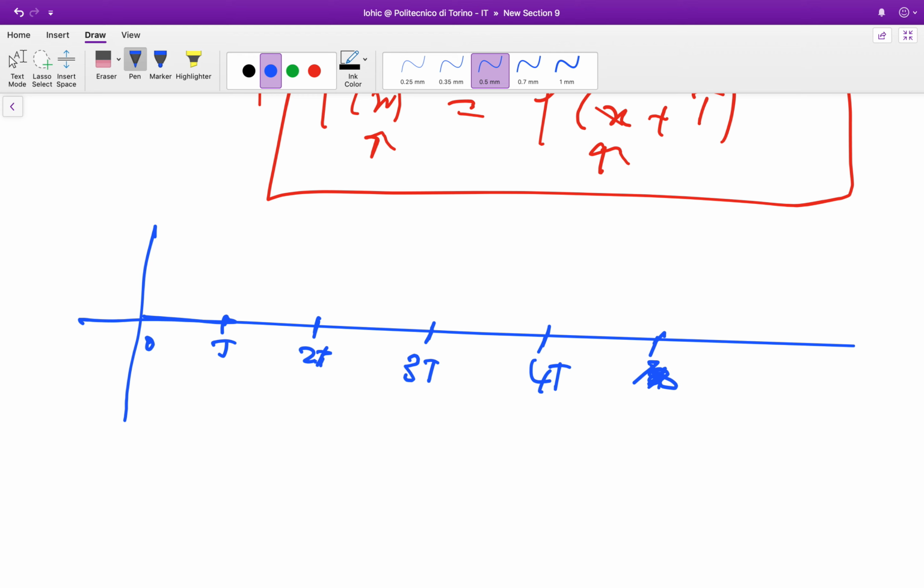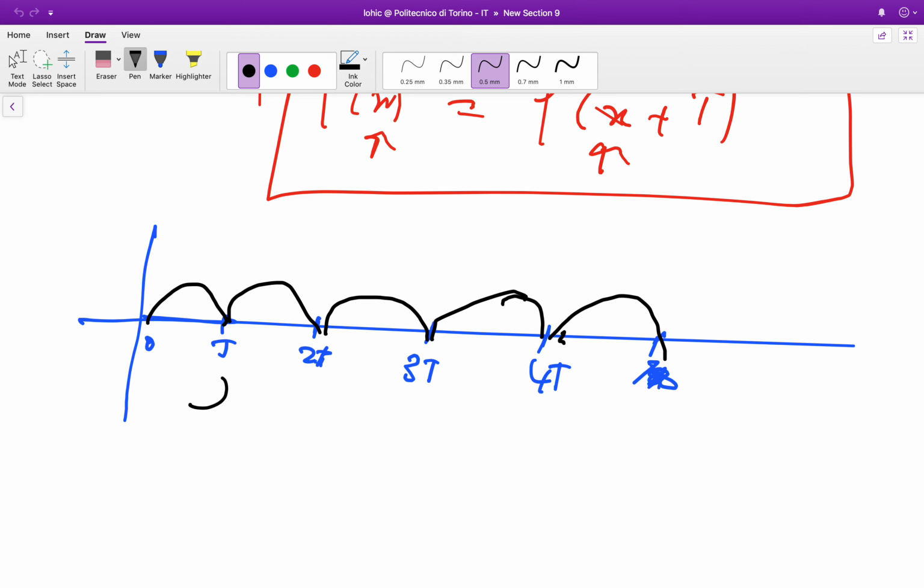Look, suppose that on each period the function does like this. It means that t is the period, right? This means that we know that f of x is also f of x plus t.